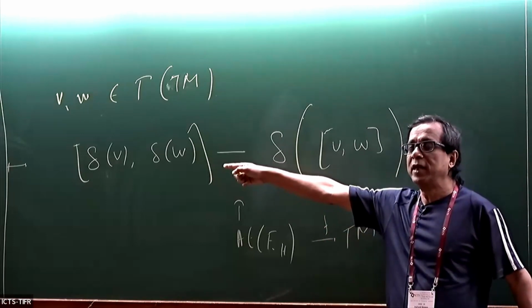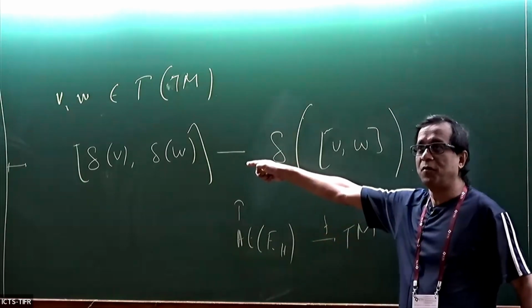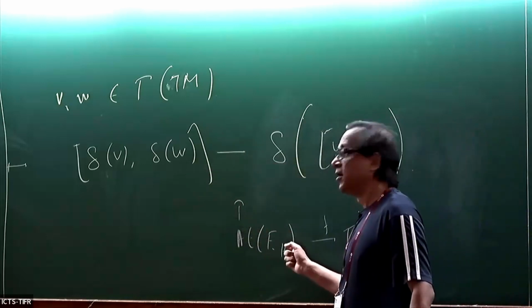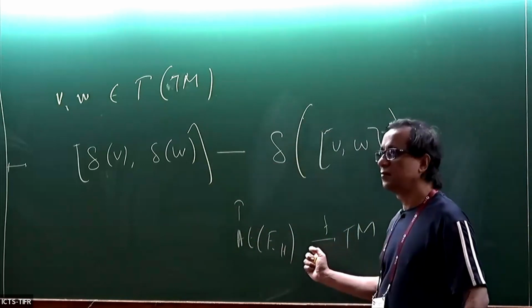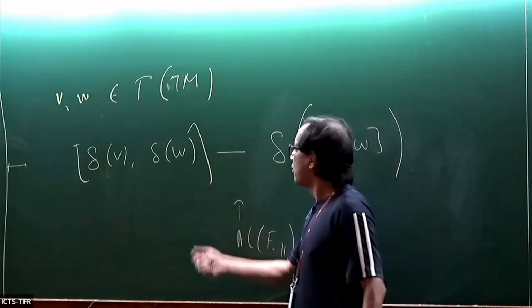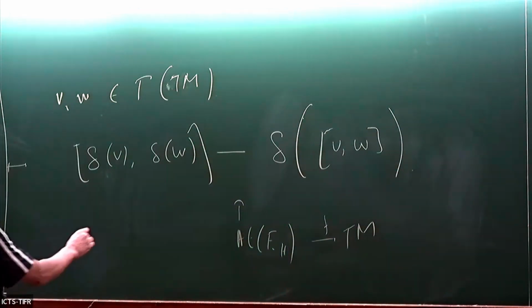F is Lie algebra structure preserving, and delta is a splitting homomorphism, so the composition is identity. It requires a little bit of checking, but a very simple, straightforward check that this is 0. This goes to 0, so this is a section of the kernel, namely ad of H.